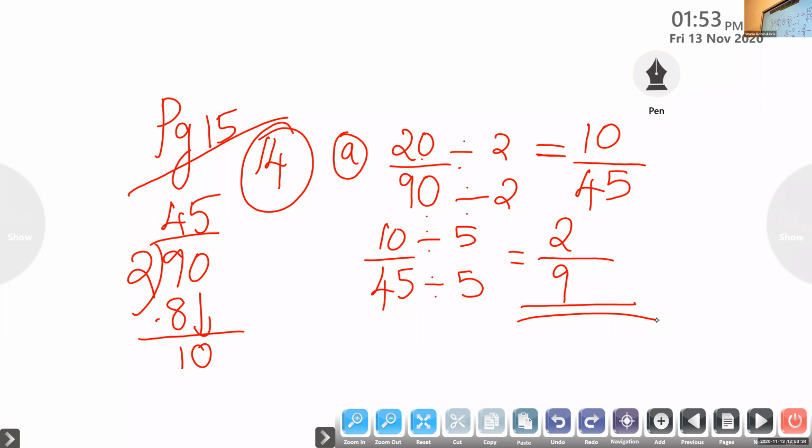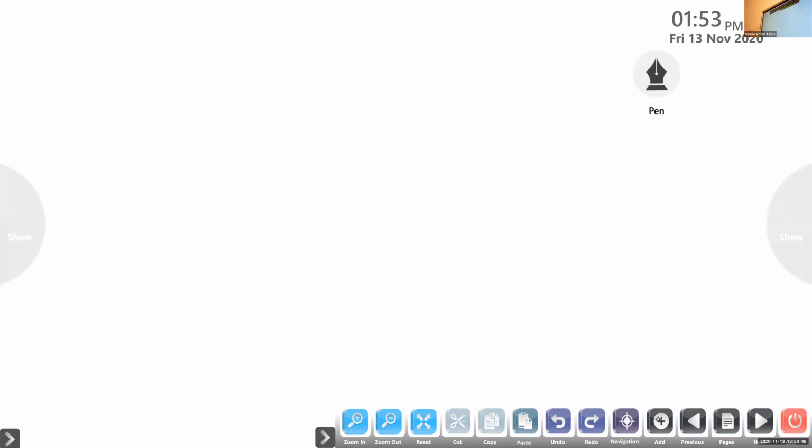So children, when you check, 63 is an odd number, 84 is an even number, so you cannot use 2. You cannot use 3 for both. So you have to check which number you can use to find the reduced or lowest form. Question number 14b. By which number can we divide the given fraction 63 by 84?